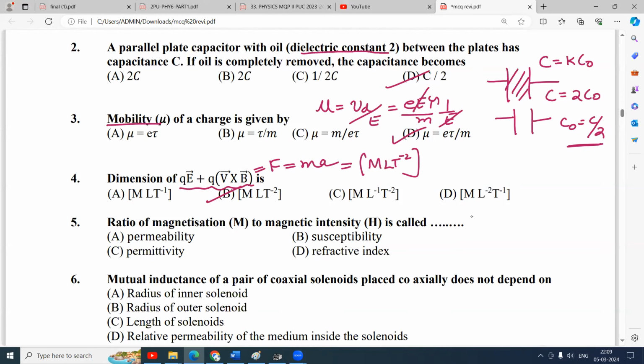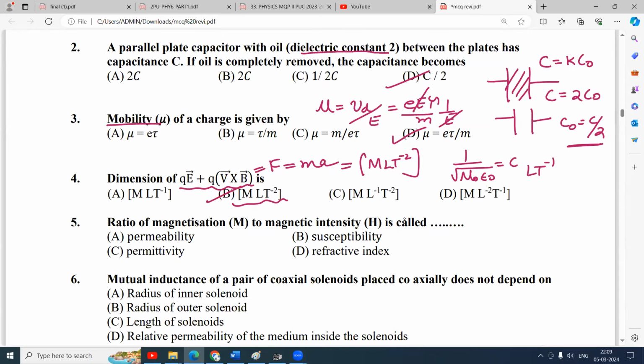So this is the answer, option B. Better you know the equations, and we have such similar equations. For example, 1 by root of mu naught epsilon naught refers to the speed of light. So its dimension is L T to the power minus 1, and so on.